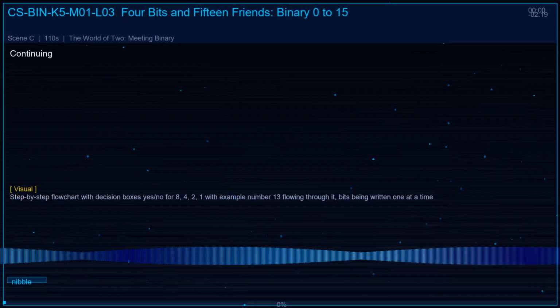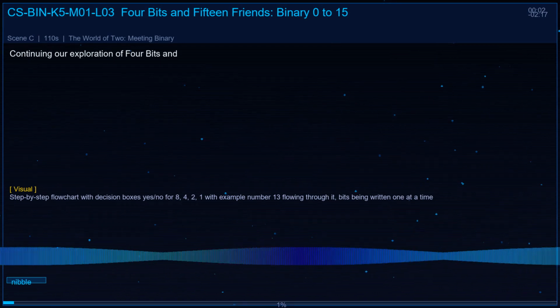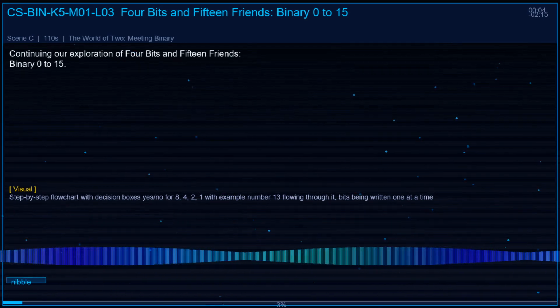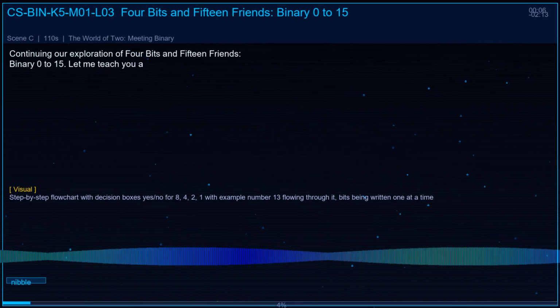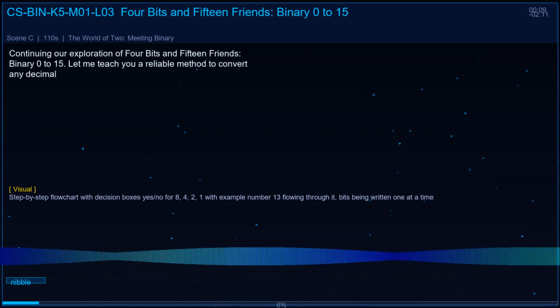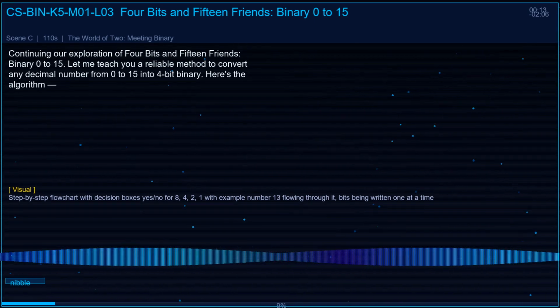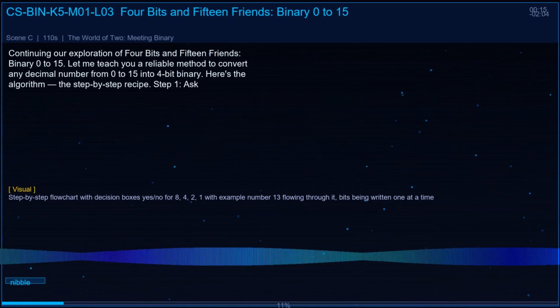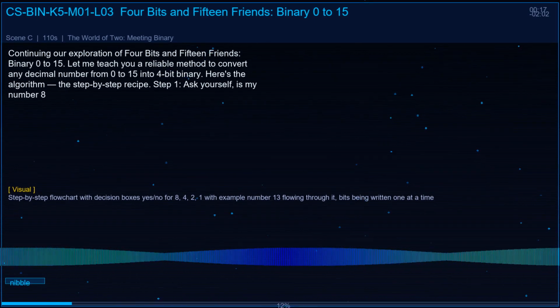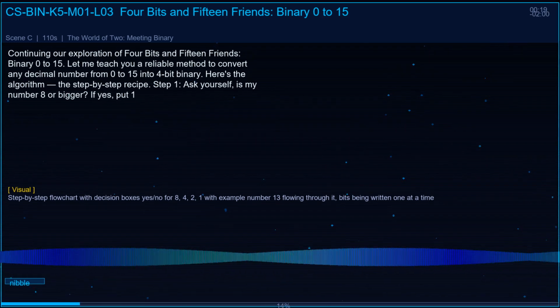Continuing our exploration of 4 bits and 15 friends, binary 0 to 15. Let me teach you a reliable method to convert any decimal number from 0 to 15 into 4-bit binary. Here's the algorithm, the step-by-step recipe. Step 1, ask yourself, is my number 8 or bigger?